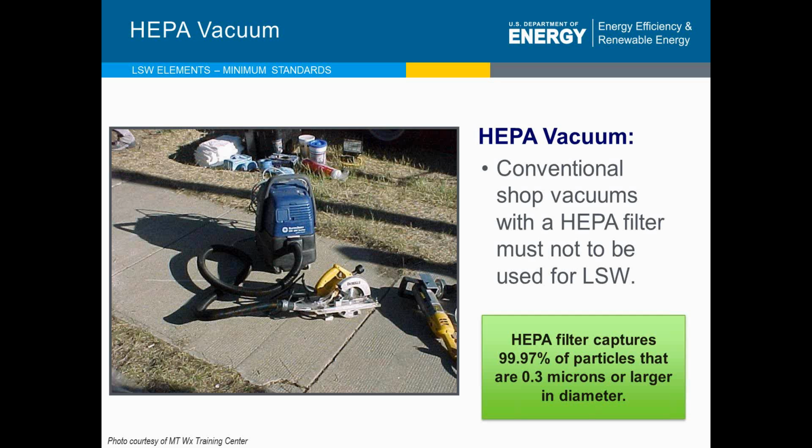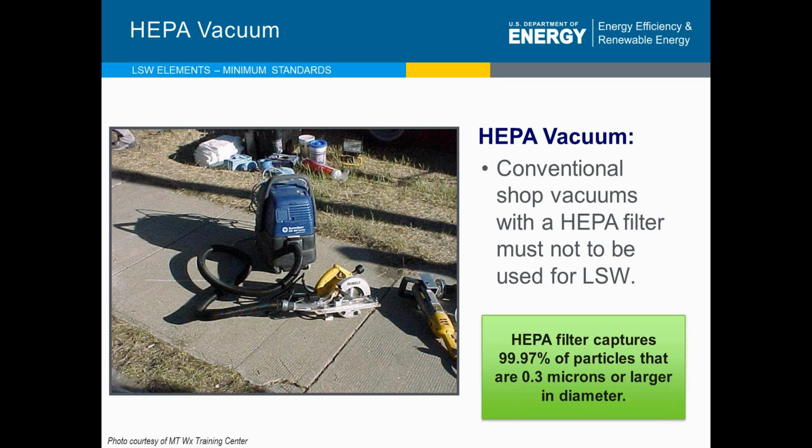This is one of many, many examples of HEPA vacs attached to a circular saw. And so even though a circular saw is not on the prohibited tool list, it certainly makes the difference in the amount of containment that you're going to have to set up. If you can capture that debris coming off that saw and go into a HEPA vac, that's what we're talking about.